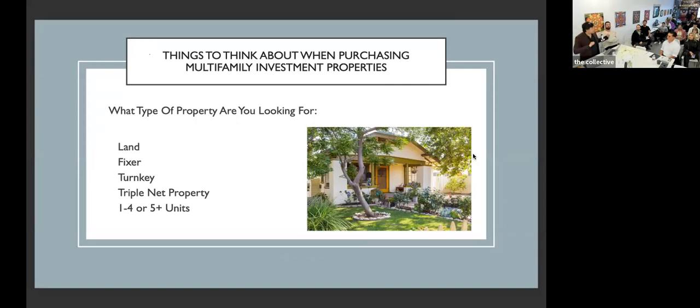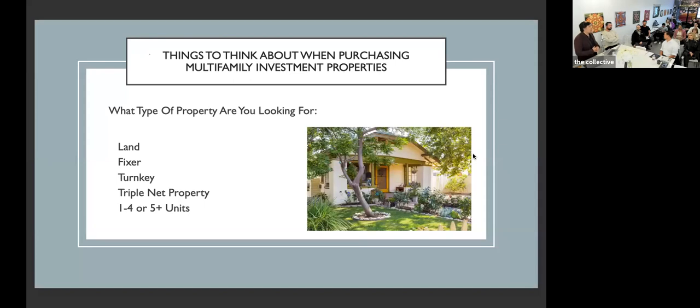That means you can just go to a property, turn the key, and everything's there. It's completely done. And then there's everything in between: there's raw land, there's tear downs, there's fixers, and then there's turnkey. Does anybody know what a triple net property is?